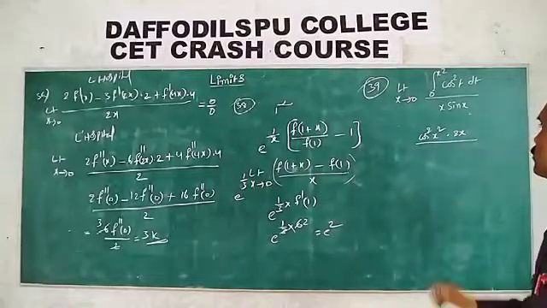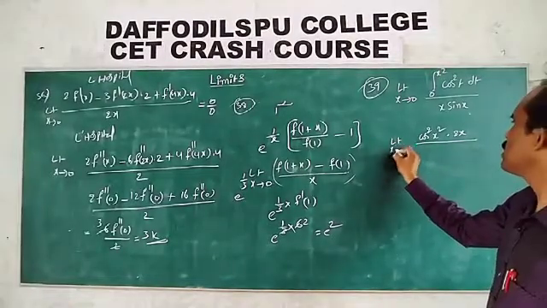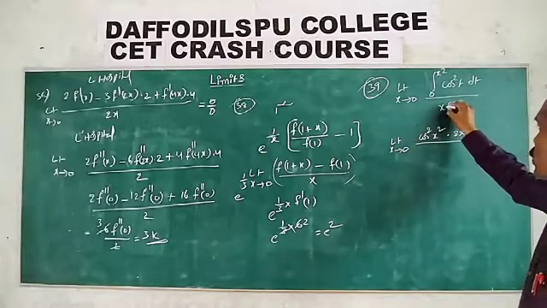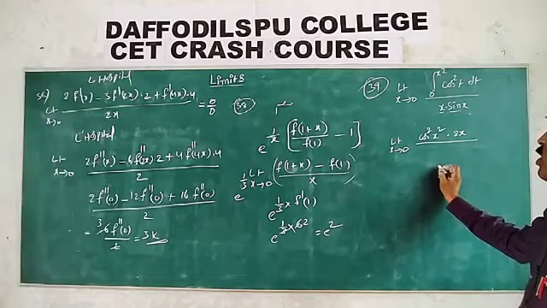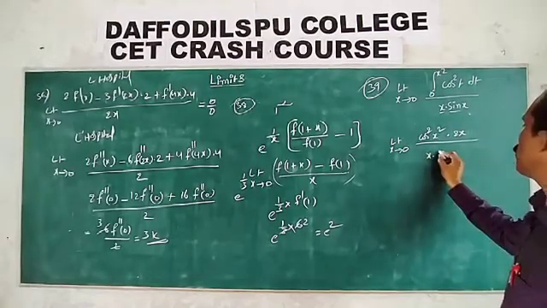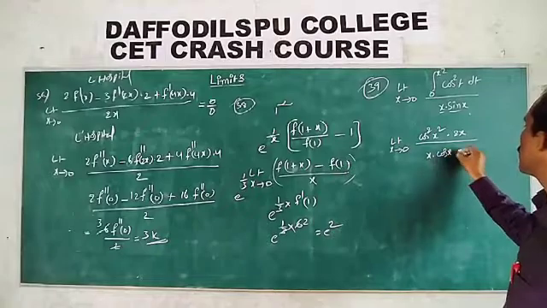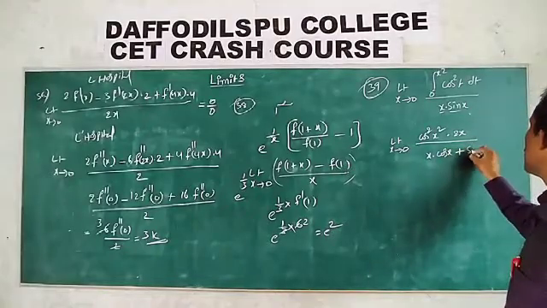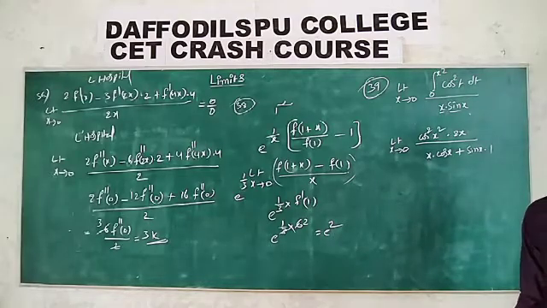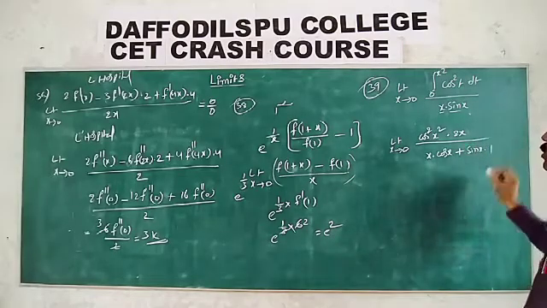Divided by, this is limit x tends to 0, the denominator, UV formula: x into cos x plus sin x into x derivative 1, right?